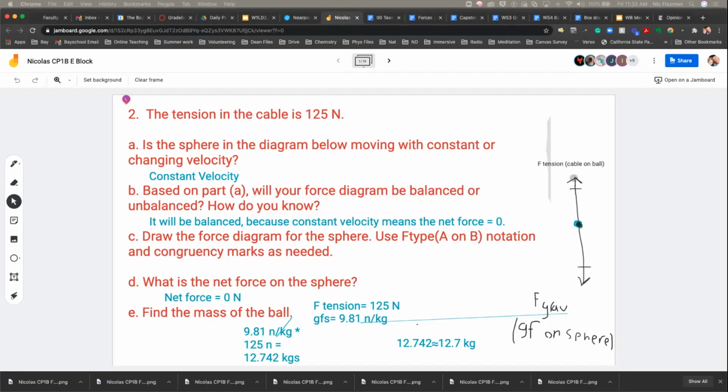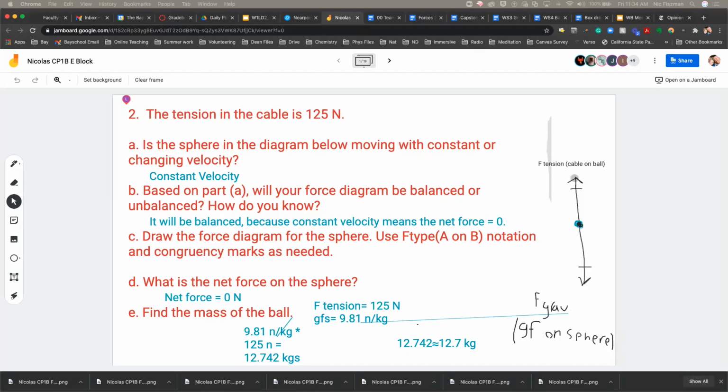So then to find the mass of the ball, we basically did the reverse of what we did for problem 1. So in this case, we knew that the tension was 125 newtons and that the Earth's gravitational field strength is 9.81 newtons per kilogram.